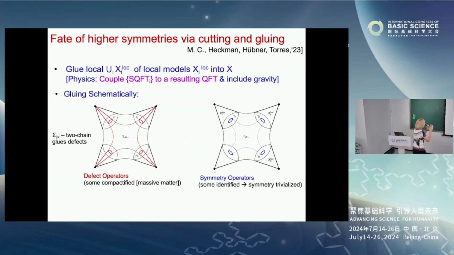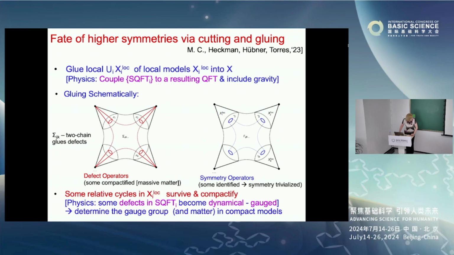So this is the simplest picture. Of course, we want to go to the nested picture of this gluing condition. So this is just saying what I was saying in words, right? When these relative cycles survive the gluing, we are dealing with them becoming dynamically engaged.